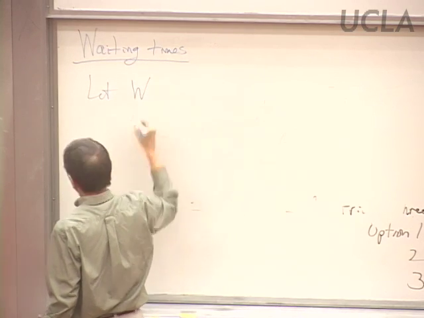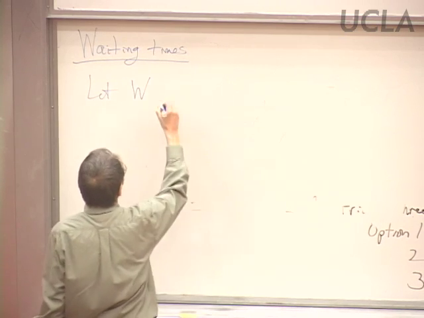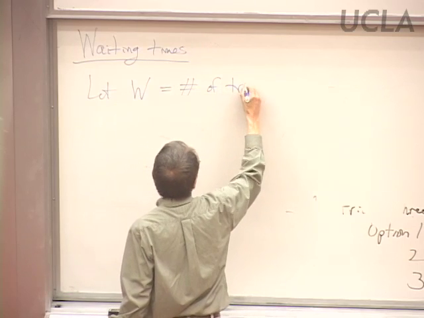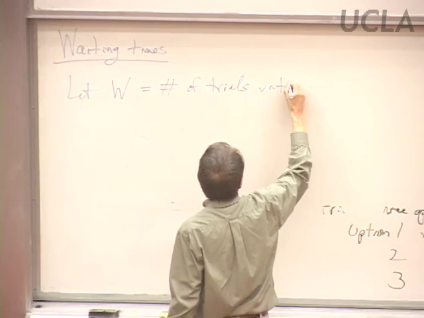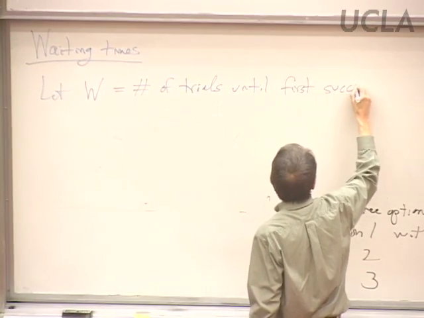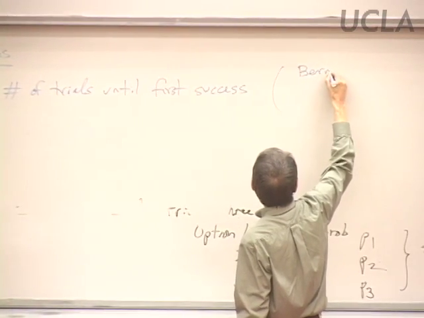So the new random variable we'll call W for waiting. It's the number of trials until the first success. So these are going to be Bernoulli trials for now.